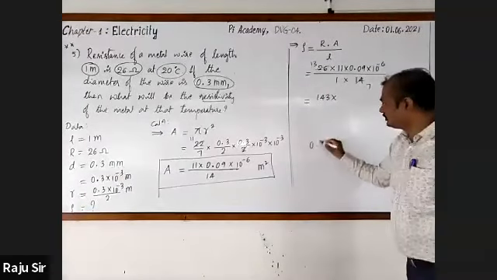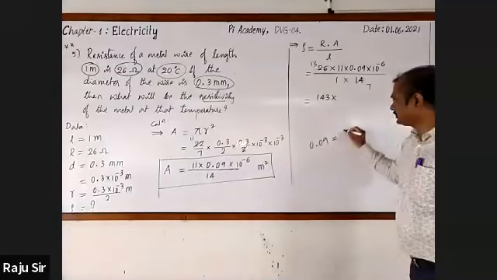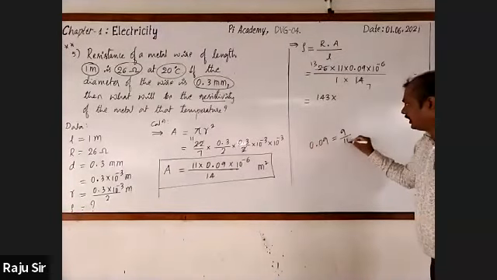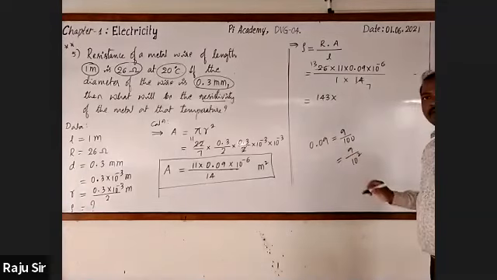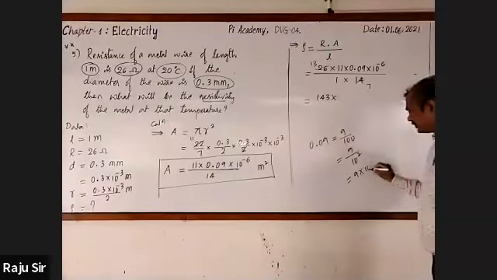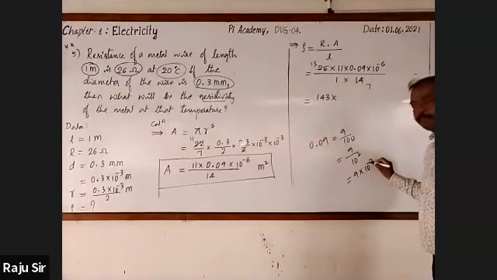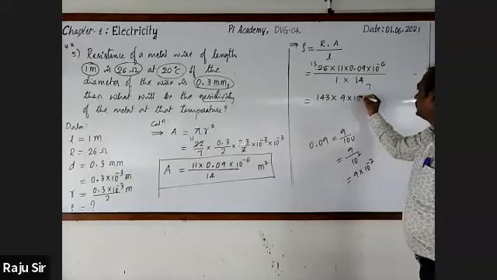Just observe 0.09. It can be written as 9 by 100 and 100 can be written as 10 square. Take this 10 square to the numerator. It will be 10 raised to the power minus 2. Hope you are understanding? Yes, sir.